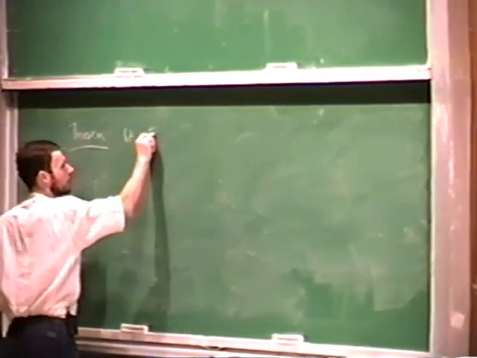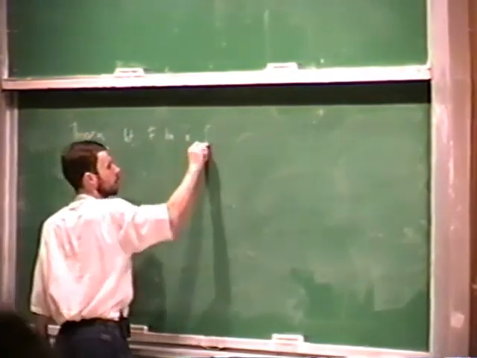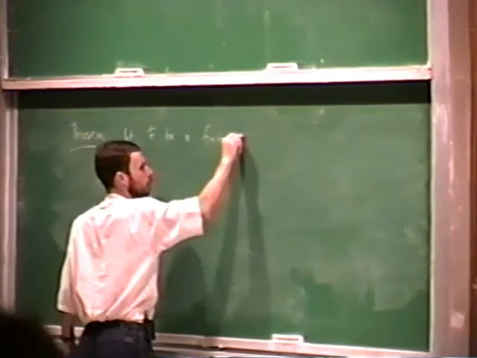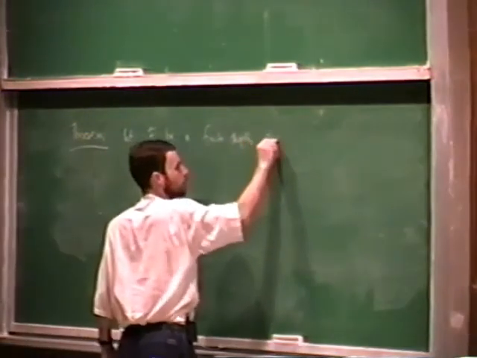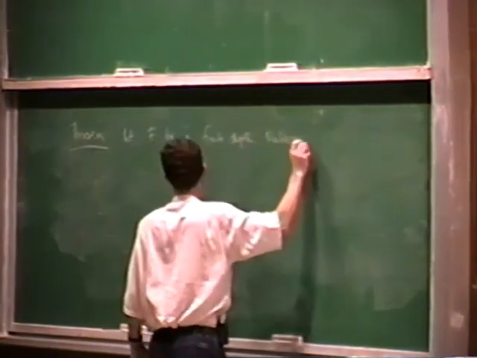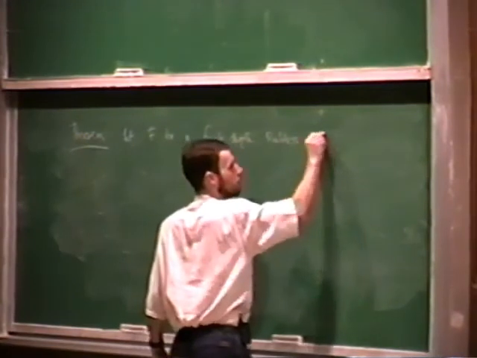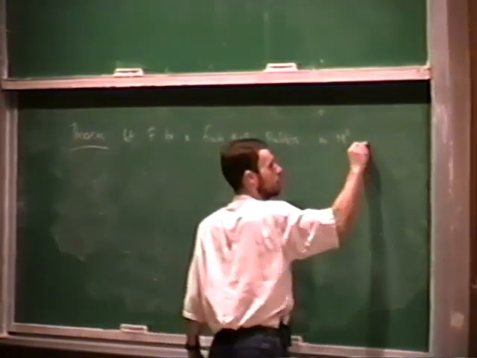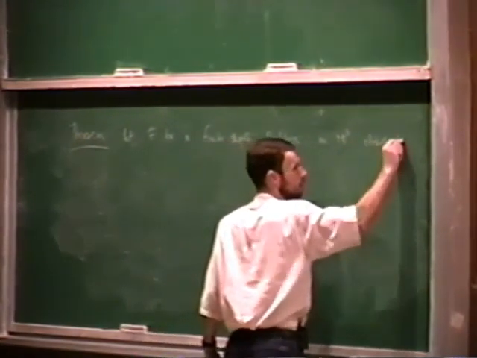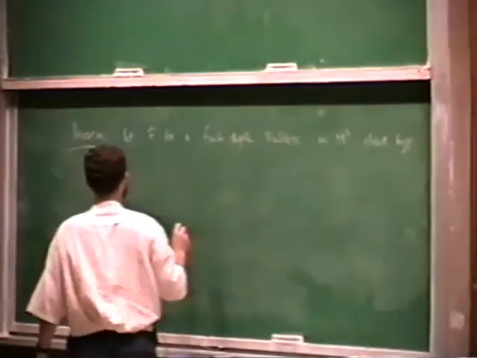So let F be a finite depth foliation in M^3 closed hyperbolic.